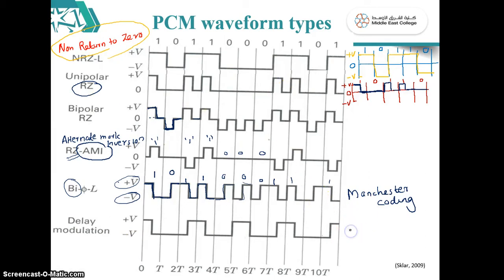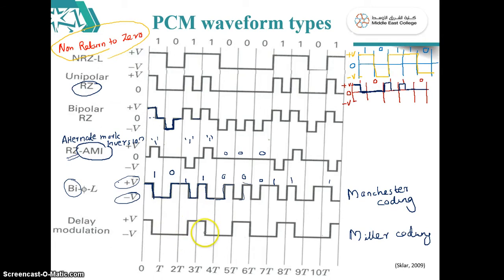Here a 1 is represented by a transition at the midpoint of the bit interval, and a 0 means there is no transition. Again a 1 means at the midpoint it is changing.